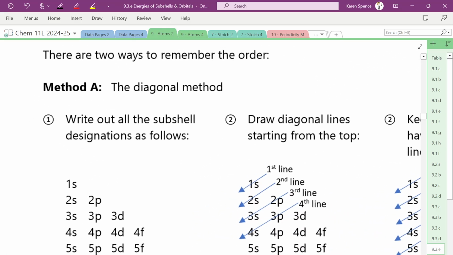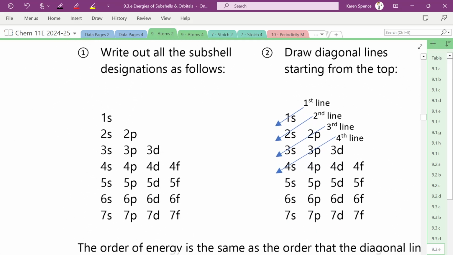Did you, on the weekend, learn the diagonal method? One thing to remember with the diagonal method is that you need to have your things lined up properly. I did it really well because I did it on a computer, which has actual spacing on it. When I write it by hand, I have to be careful not to write 1s, and then put 2s over here, because that's going to throw everything out of alignment and it won't work.